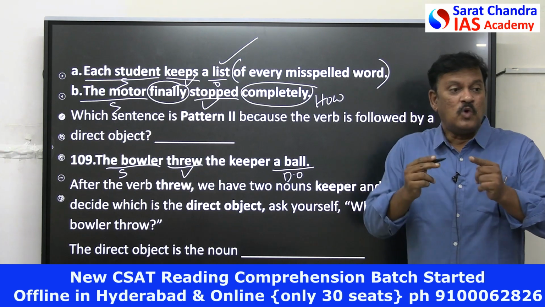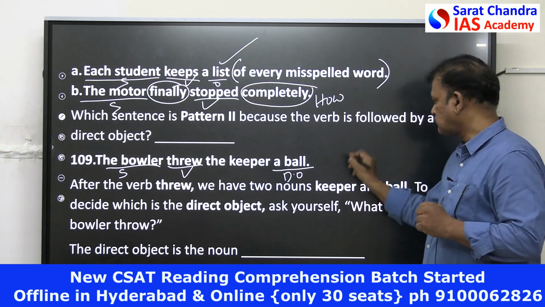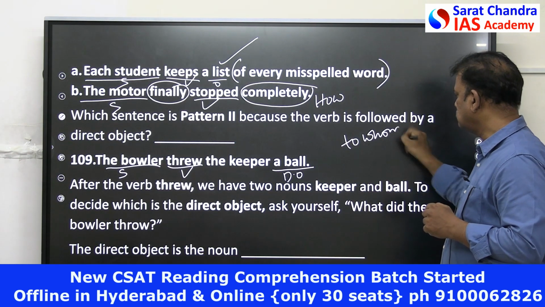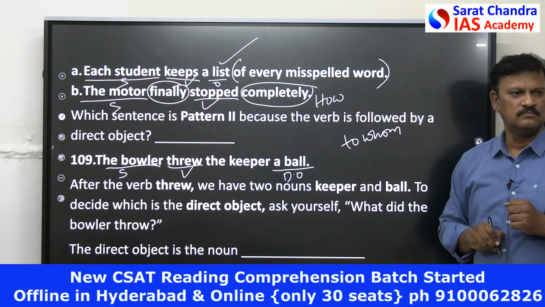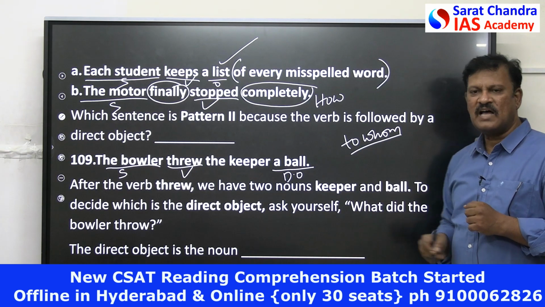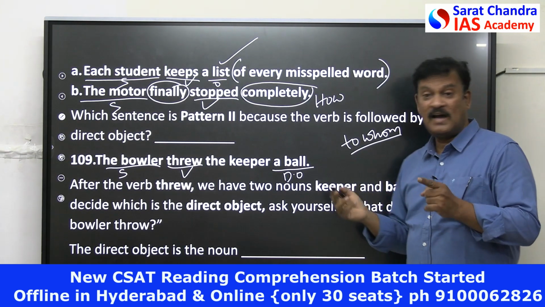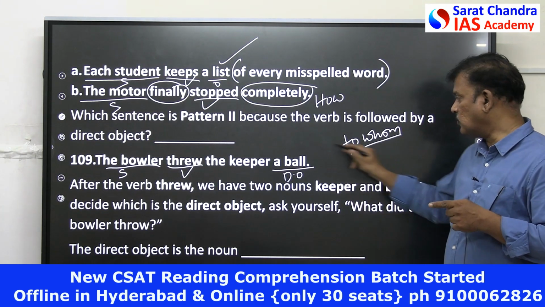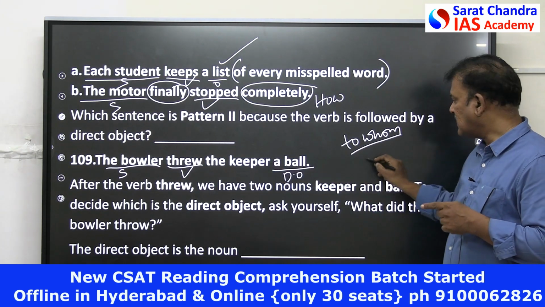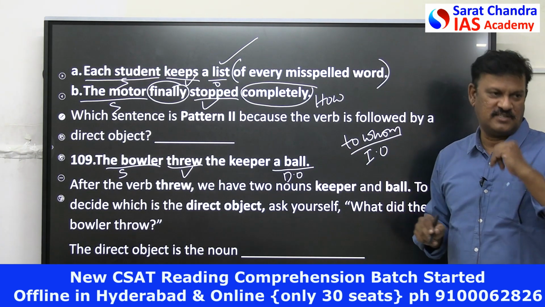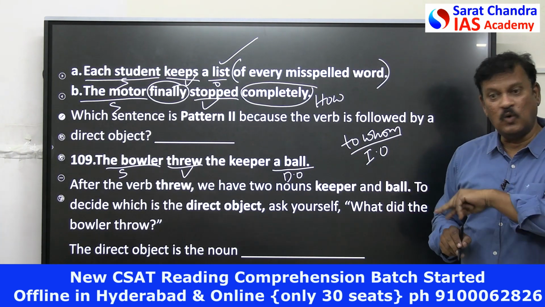Now you ask this question: to whom? If my answer for "to whom" is this, that is called indirect object. SVOO.